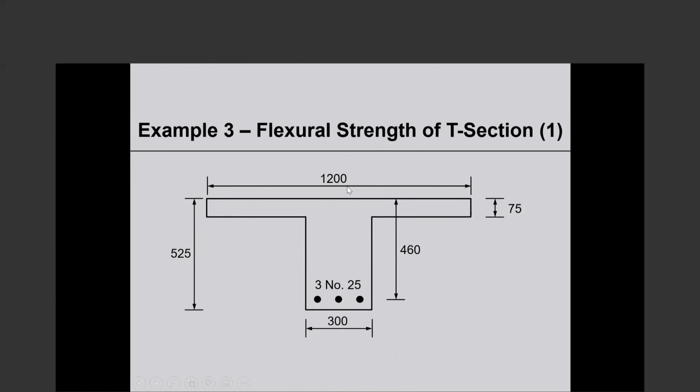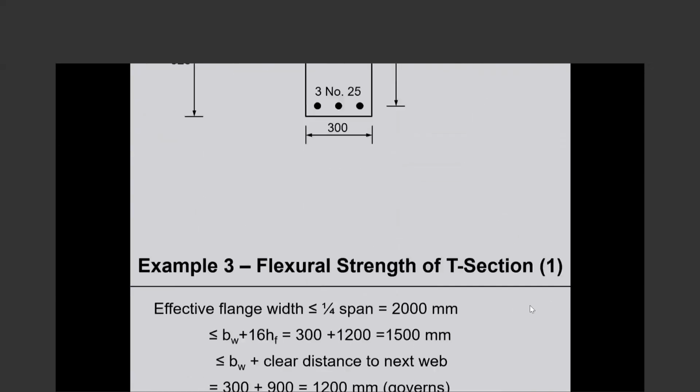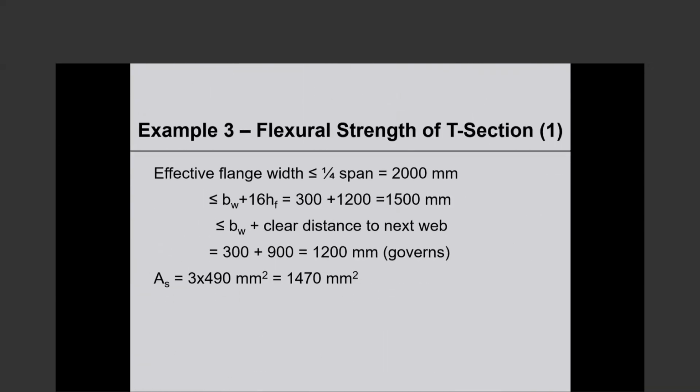So other than the 1200 millimeters, all the information in this figure comes from the problem statement. So what is the effective flange width? It is the smallest of three things. 1/4 of the span. Our span is 8 meters, so 1/4 of that is 2 meters, 2000 millimeters.